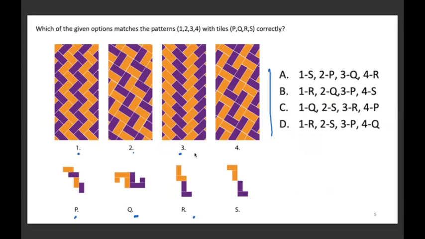Let's do this. So the tile 1 is associated with the tile R and the form is what you see here.